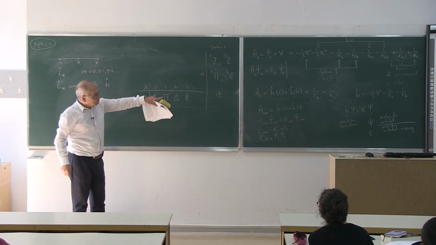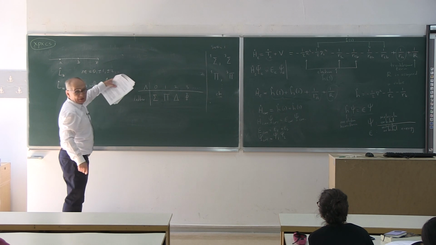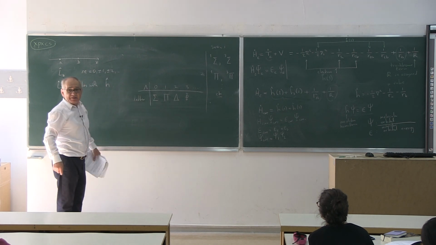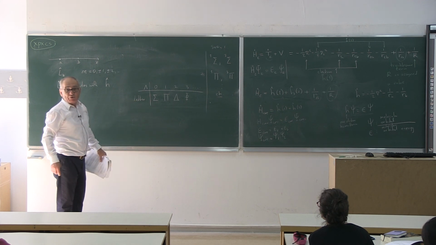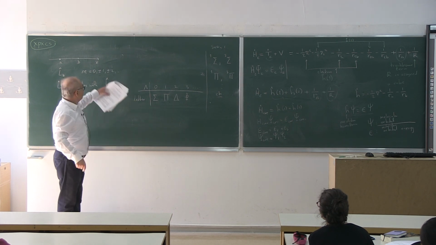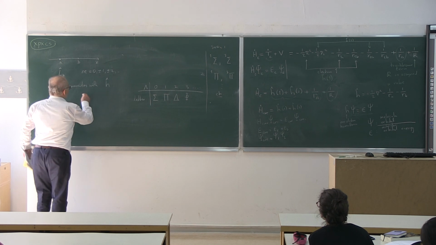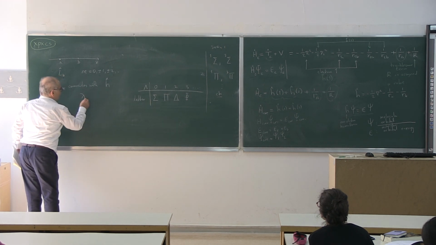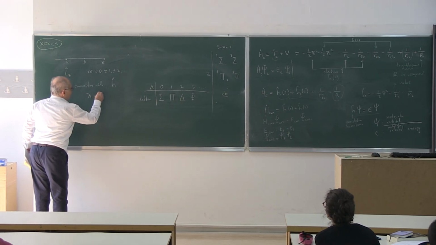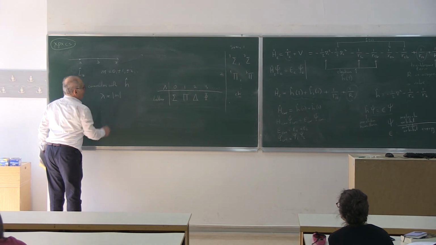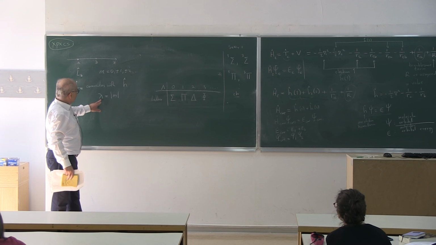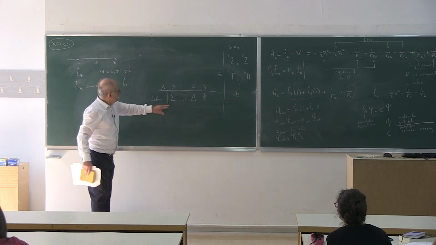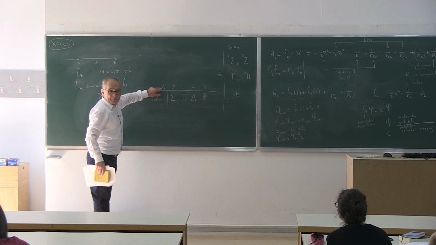But many different M values are available. Orbital energies, molecular orbital energies, depend only on the absolute value of this small m. We call lambda the absolute value of m. Notice the symbol. This is lowercase of this symbol. This is uppercase.